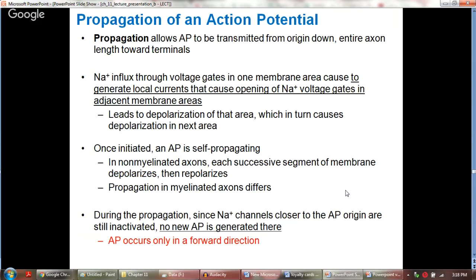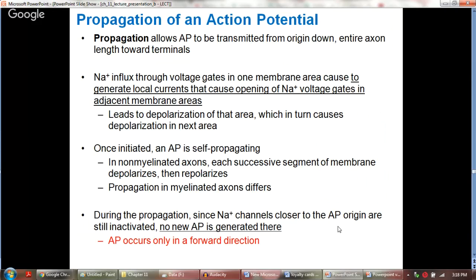During propagation, the sodium channels closer to the action potential origin are still inactivated, so no new action potential is generated there.